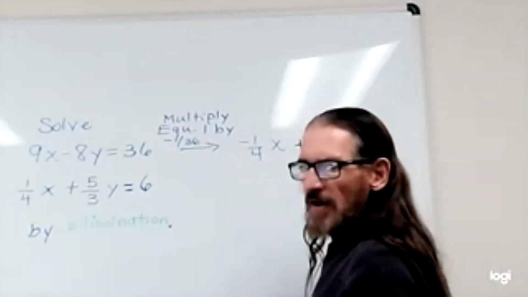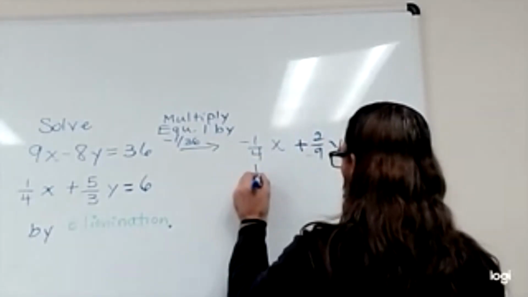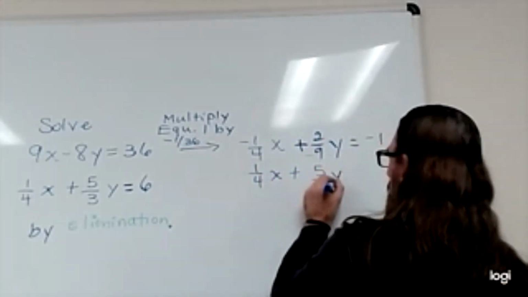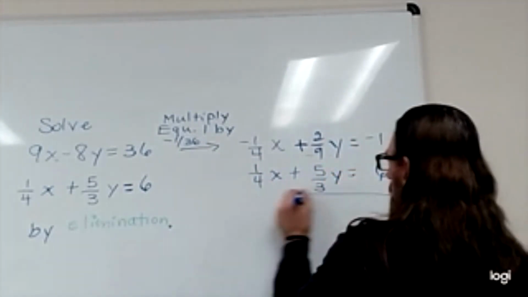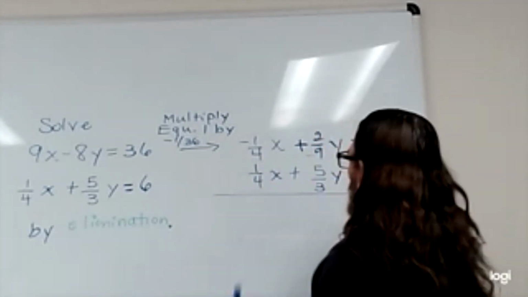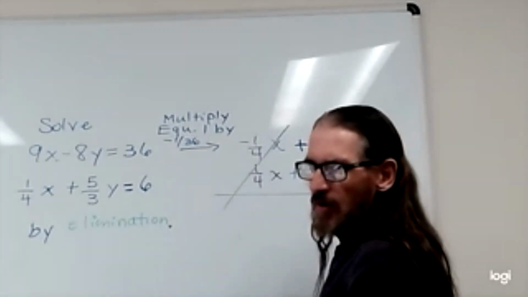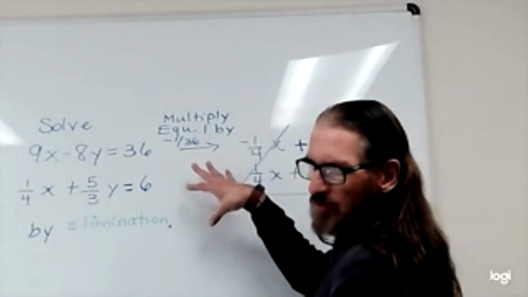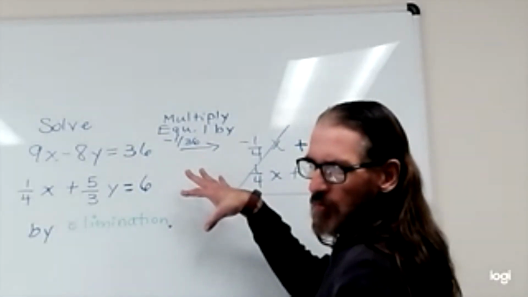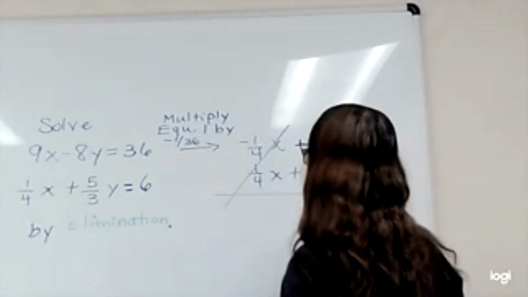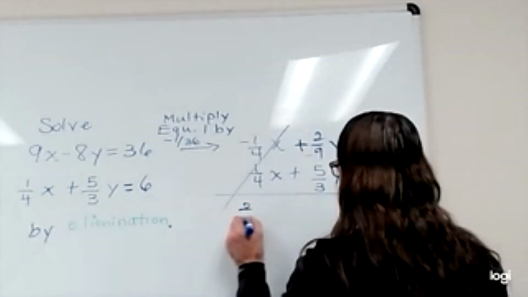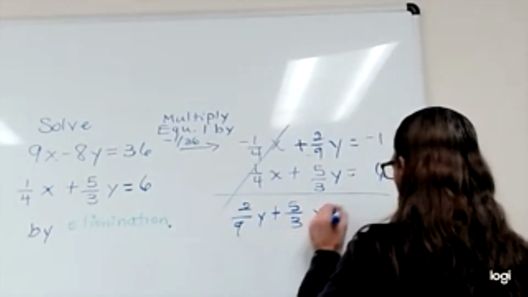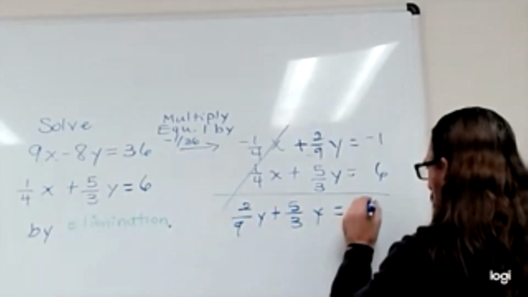Okay, if I add that to equation 2, the x terms will cancel because the coefficients are the same in absolute value, but opposite in sign. 2/9 y plus 5/3 y equals negative 1 plus 6. That's going to give us 5.